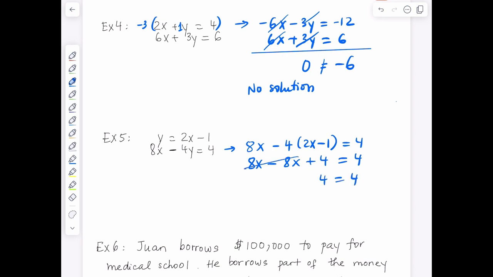So this is the opposite of what you saw in example 4. In example 4, we ended up with a false statement. But in example 5, we end up with a true statement regardless of what x and y are, because eventually they will cancel. So because this statement is always true, you can say that there are infinitely many solutions.